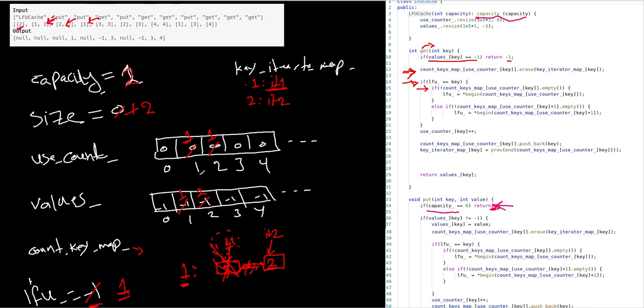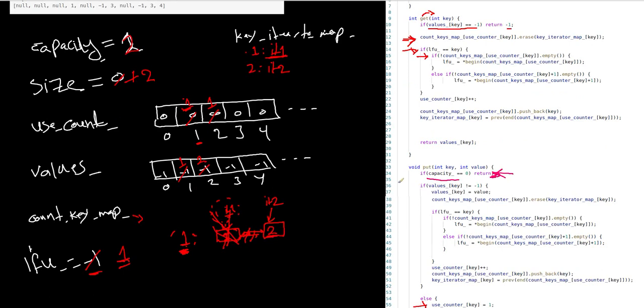This is use counter of key 1, which is 1, and we need to check if this linked list is empty, and the answer is no. In that case, because it has value 1 or the count 1, it will be the new least frequently used. So this one we will assign to least frequently used. So we have 2.